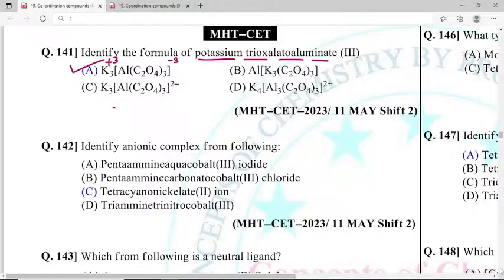So aluminum has plus 3, plus 3 times oxalate. So 3 multiplied by how much? Minus 2, equal to minus 3. So here 3, here minus 6, so equal to minus 3. Correct? So the first option is correct.